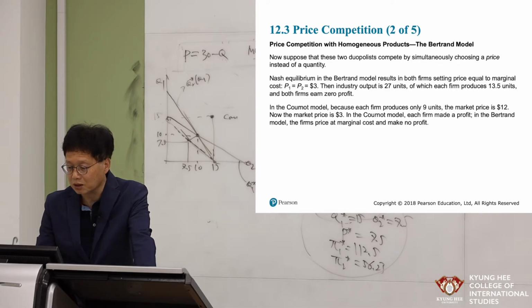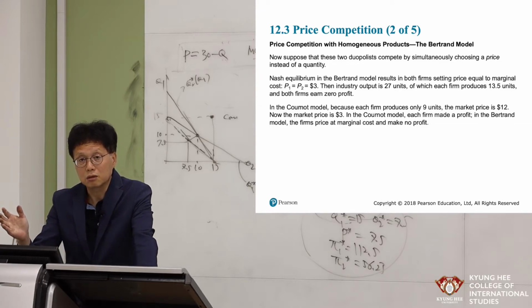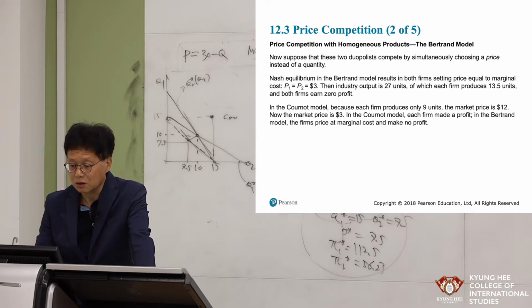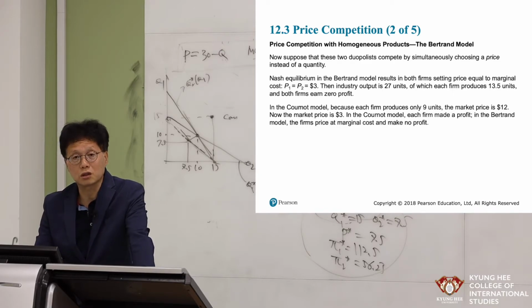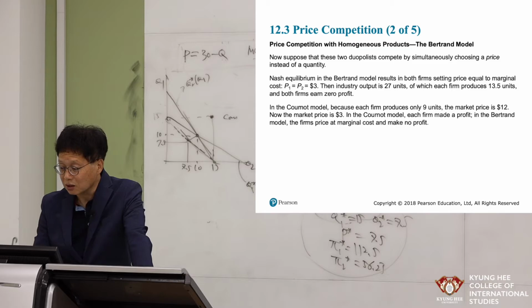The Nash equilibrium in the Bertrand model results in both firms setting price equal to marginal cost. That is P1 is equal to P2 is equal to marginal cost 1 is equal to marginal cost 2, which is $3. Then industry output is 27 units, of which each firm produces 13.5 units, and both firms earn 0 profit. In the Cournot model, because each firm produces only 9 units, the market price is $12.